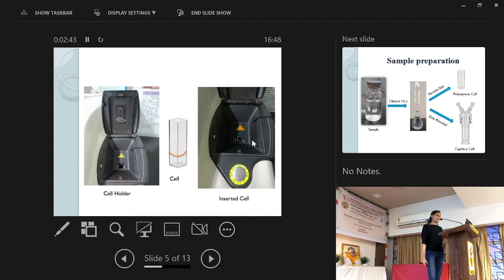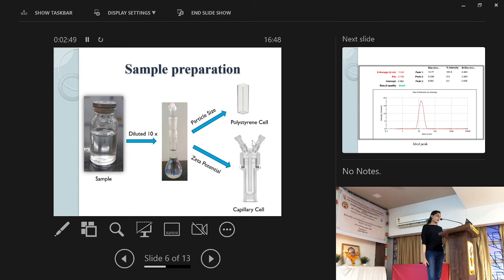We can check there, and then keep our cell into the Zetasizer as shown in the figure. For sample preparation, the sample is diluted 10 times. For particle size, it is put in a polystyrene cell, and for zeta potential measurement, it is put in a capillary cell. This capillary cell is filled using a syringe up to the brim, and then kept in the Zetasizer, same as polystyrene cells.